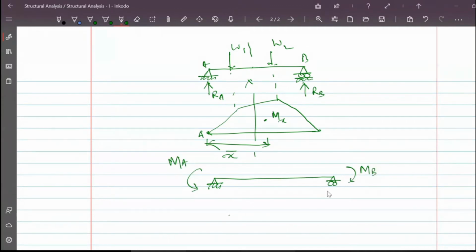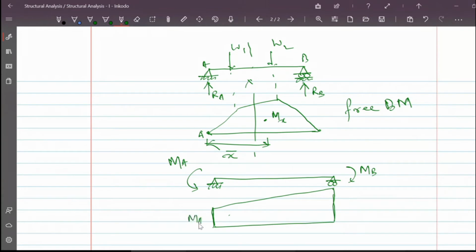So this is the free bending moment diagram, and this is the fixed bending moment diagram. The fixed bending moment diagram is, let us say, this is MA and this is MB.